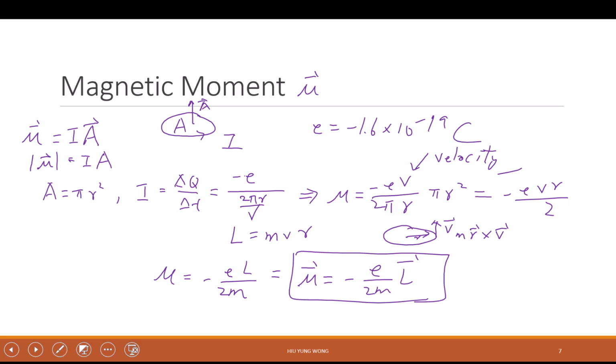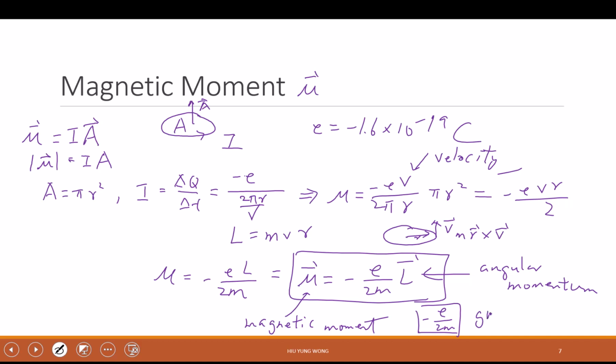This is the magnetic moment, and this is the angular momentum, related not by a fraction but by a number. This number is the so-called gyromagnetic ratio.